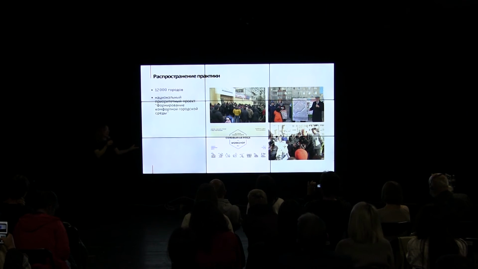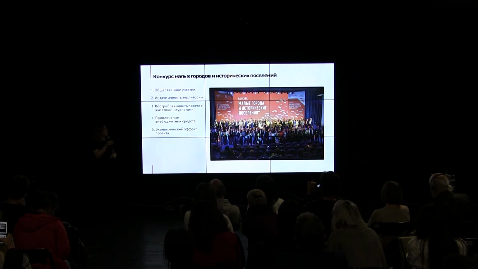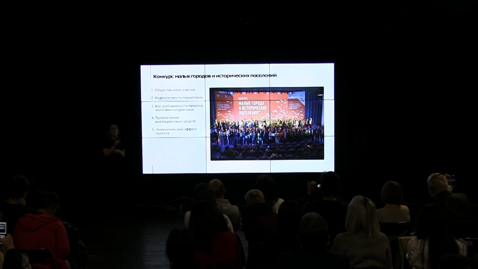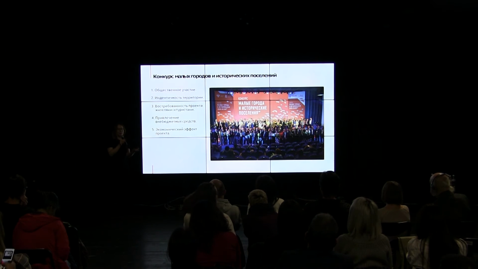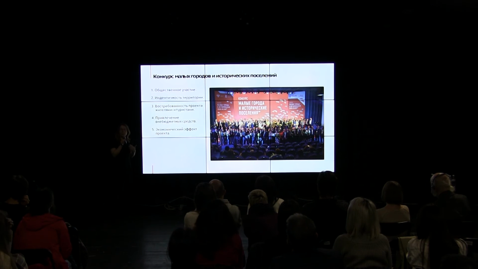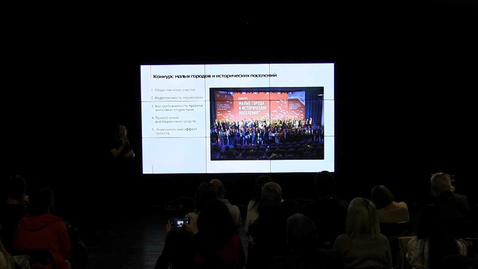It was the first official document issued by the ministry which designated citizen participation as a value. Moreover, we had new teams which started developing this practice. In the past, it was only us, and that was about it.